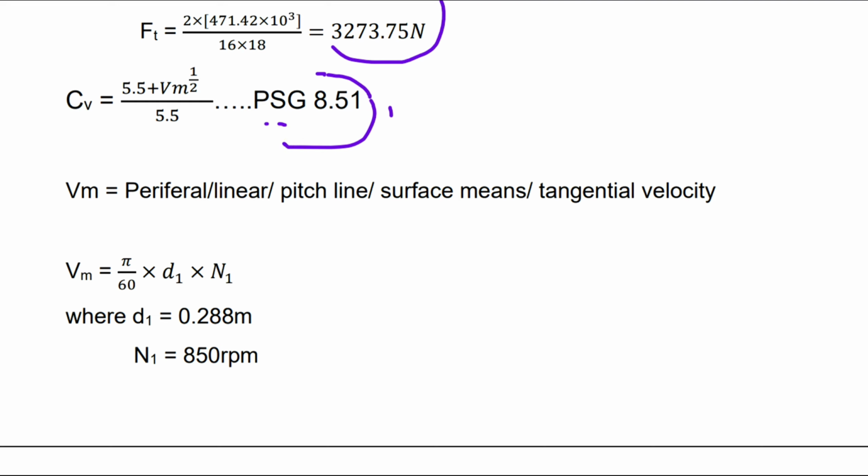Here Vm is the peripheral, linear pitch line surface, or tangential velocity. You can call it anything, there are many different names for Vm. First we will find Vm. Vm is equal to pi by 60 into d1 into n1. We know the value of n1, 850, which is given in the question.